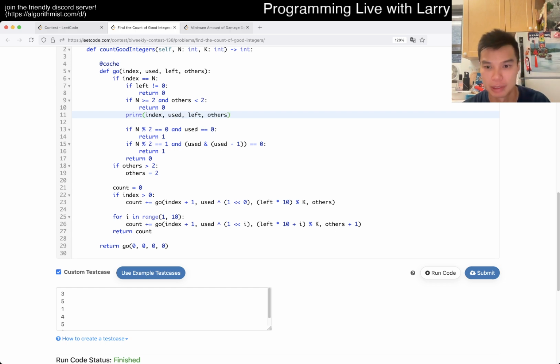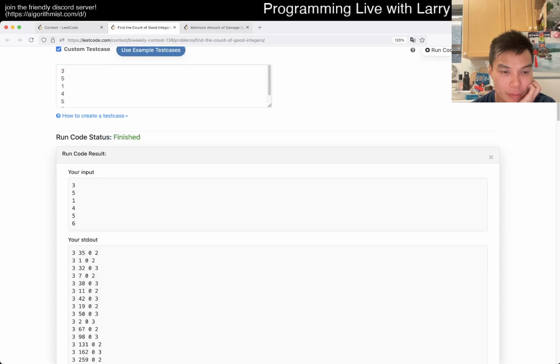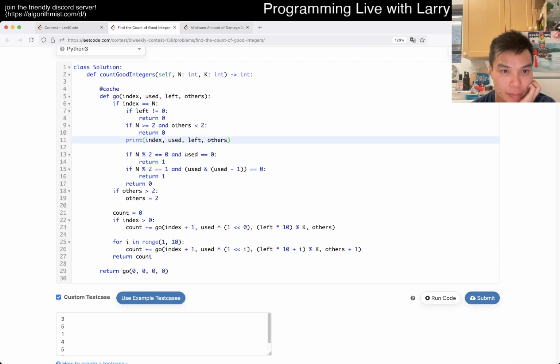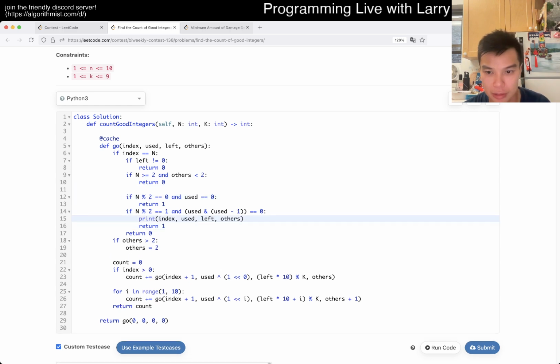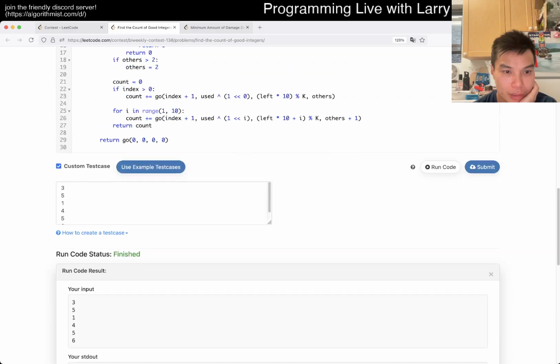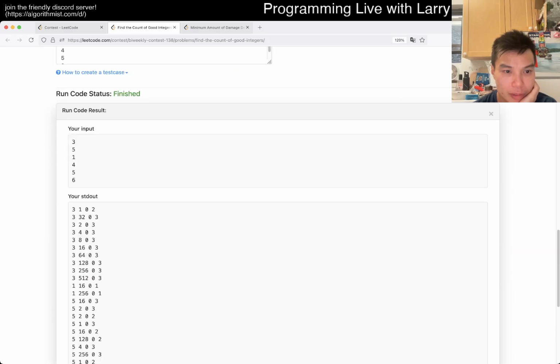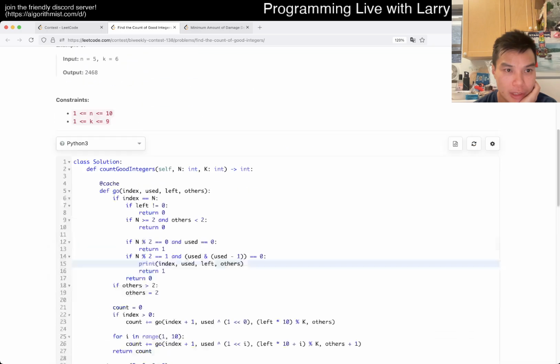I don't know if that helps, honestly, but oh well, it doesn't because we want this to show here. So we have other stuff, right? We don't even care about the n is equal to 1 case yet.